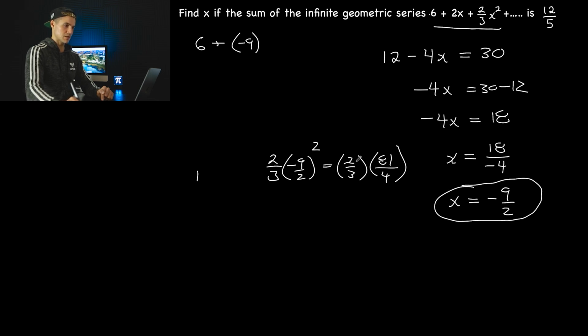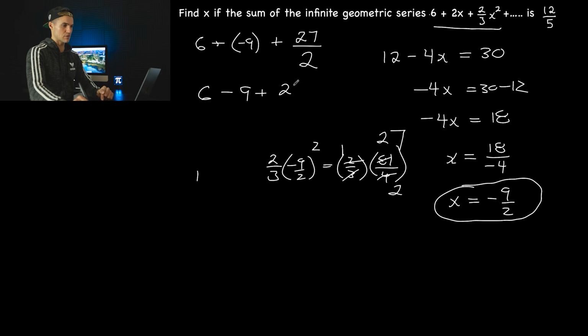The 2 goes in twice, and 3 goes into 81 27 times. And so we end up getting plus 27 over 2. So this simplifies to 6 minus 9 plus 27 over 2.